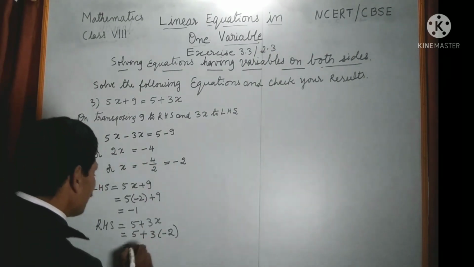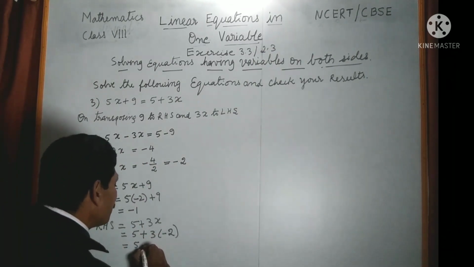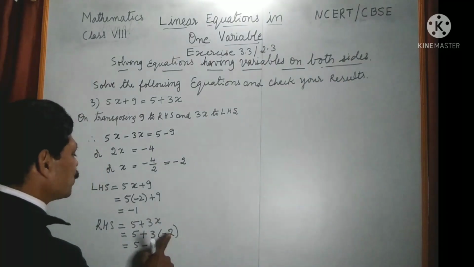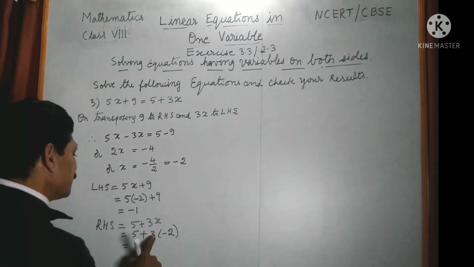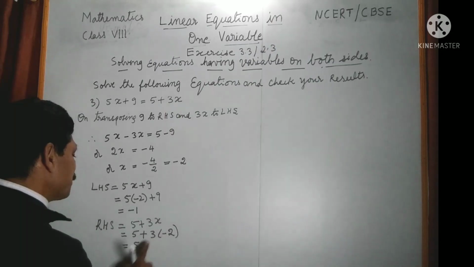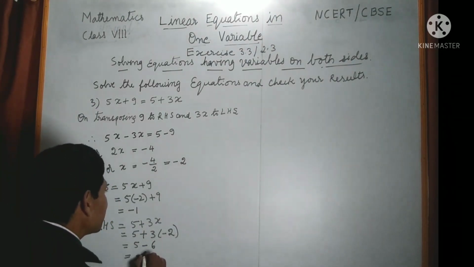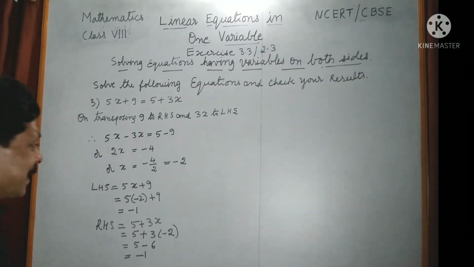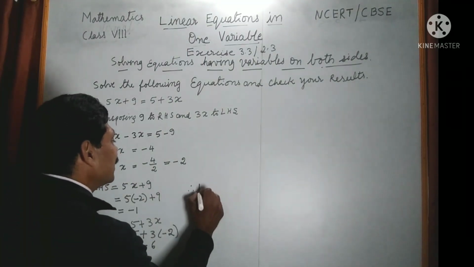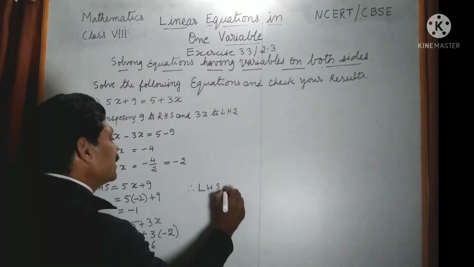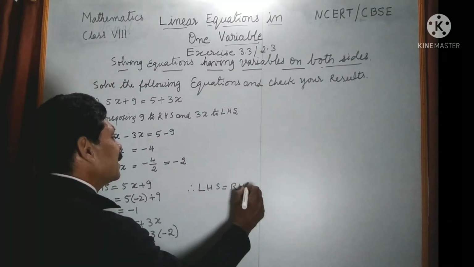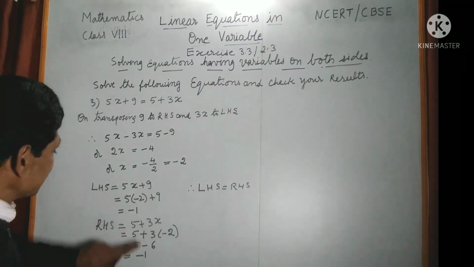This is equal to 5 minus 3 into 2 is 6, because plus and into minus is minus. This is equal to minus 1. Therefore, left hand side is equal to right hand side is equal to minus 1.